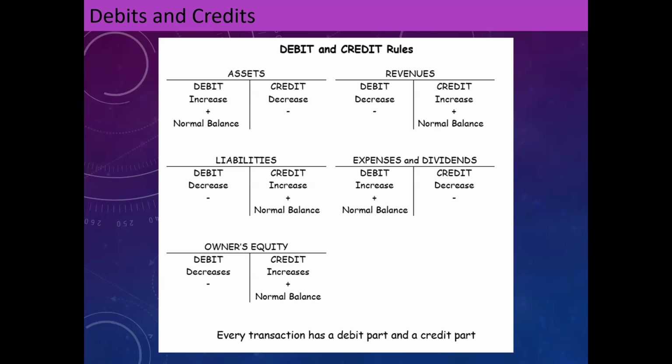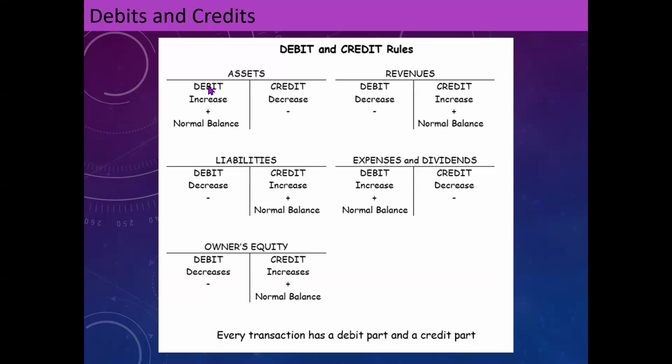One last concept is the normal balance. Sometimes this really confuses people. All normal balance means is the balance we would expect to see for that type of account. And since we would expect to see positive balances in accounts, the normal balance, if you've noticed the pattern already, is always on the side of the account that increases it.